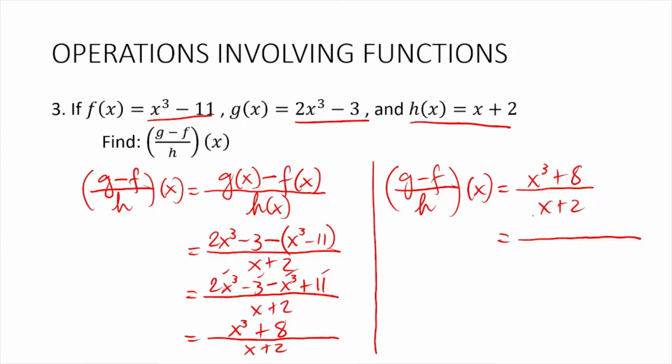This is actually equivalent to what? So if you can still recall special products, factoring from special products, this is actually factorable, right? So we have, again, a sum of 2 cubes. 8 is 2 cubed, right? So we have sum of 2 cubes, x cubed plus 2 cubed, and this is equivalent to x plus 2, all right, times, so we have here x squared minus 2x plus 4.